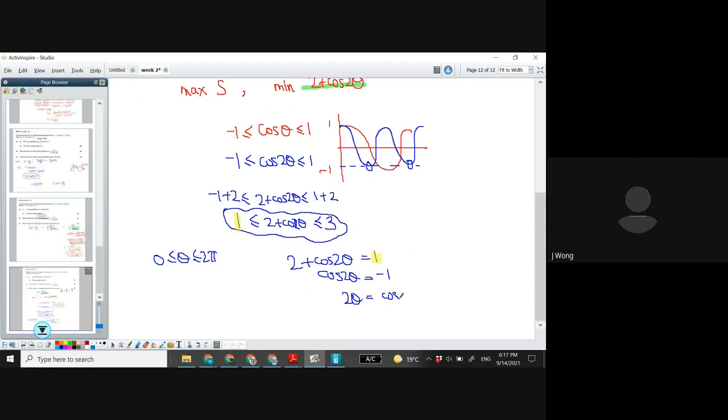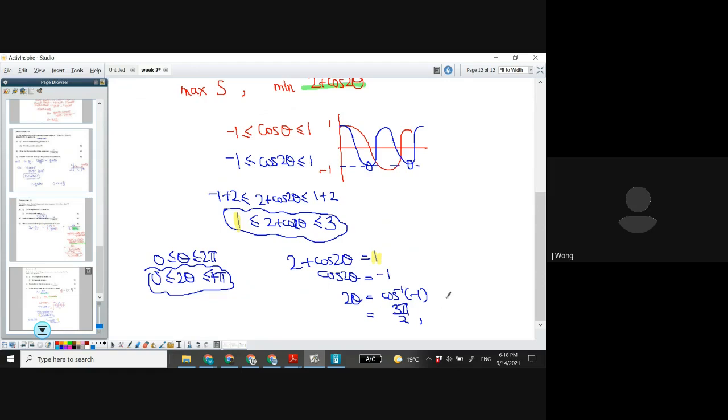If you look at it from the graph perspective, or if you just want to solve it using algebra, that's fine. Just do cos inverse of -1, and the first answer it will give you will be 3 pi over 2. But bear in mind, because we're solving for 2 theta, we want to expand the interval, multiply through by 2. So it will be between 0 and 4 pi. The alternate answer to this is by adding 2 pi to it.